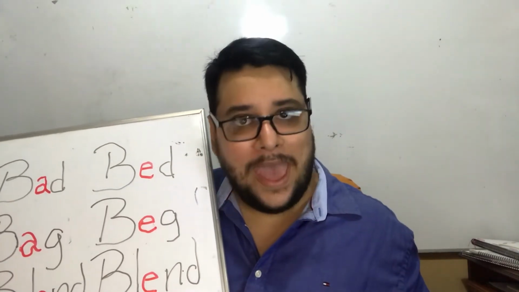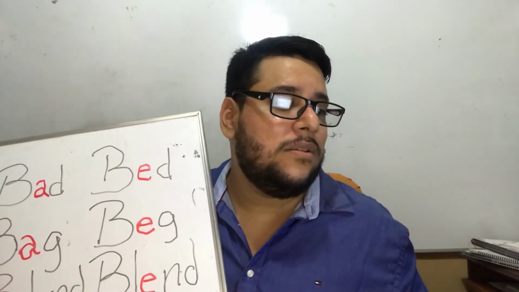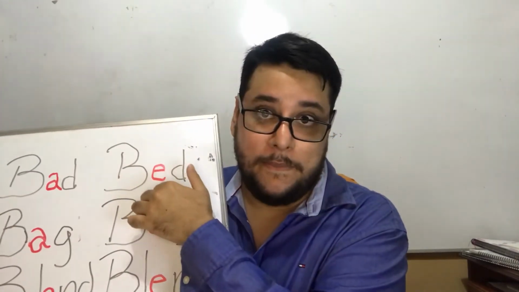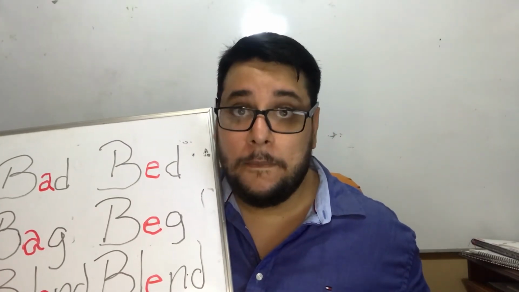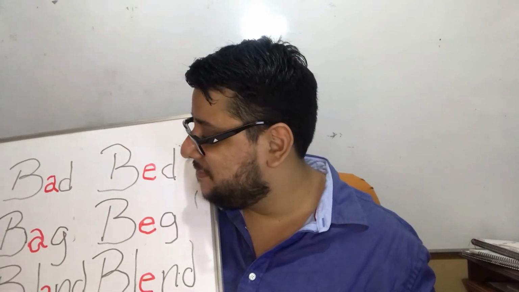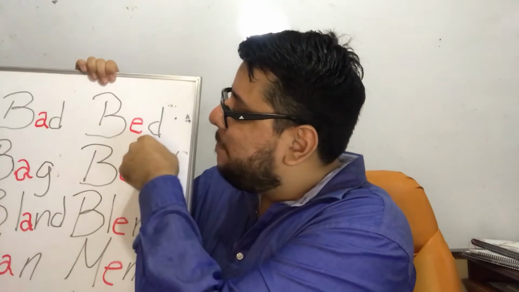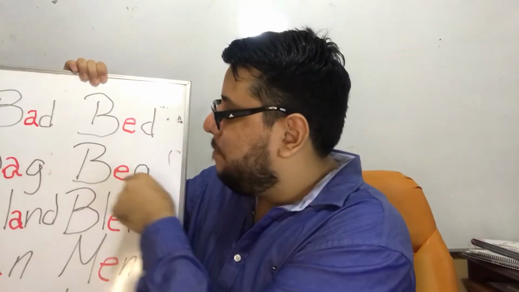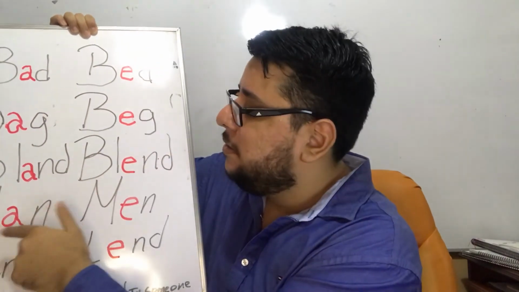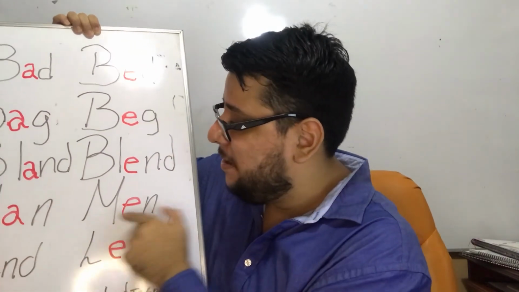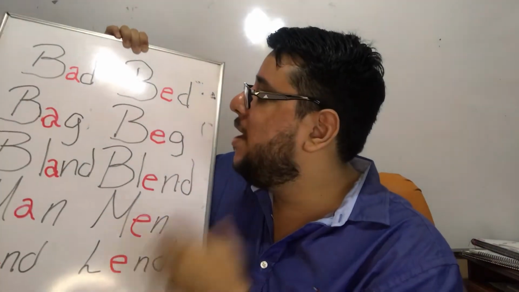Bad, bad. Now let's hear it for bed, bad, bed. Why is this important? For example, we have bad and bed, back and beck, bland and blend, man and men, land and lend.